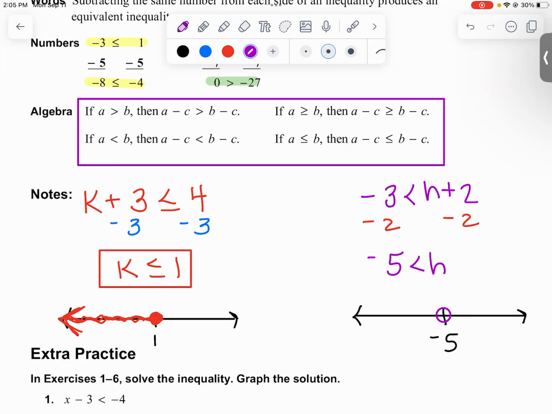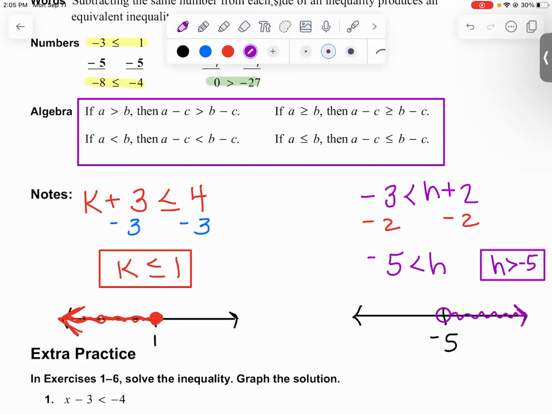Open. Left or right? Oh, good. I didn't trick you. I didn't rewrite it. H is greater than -5 would be like the multiple choice answer we would be looking for.